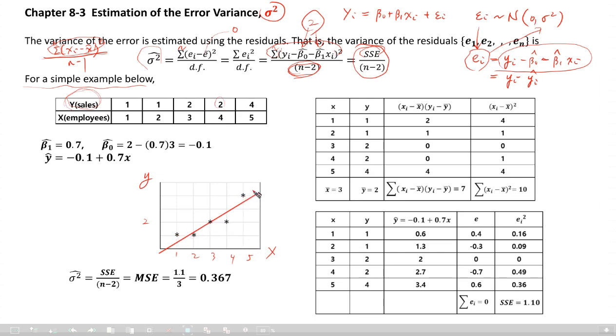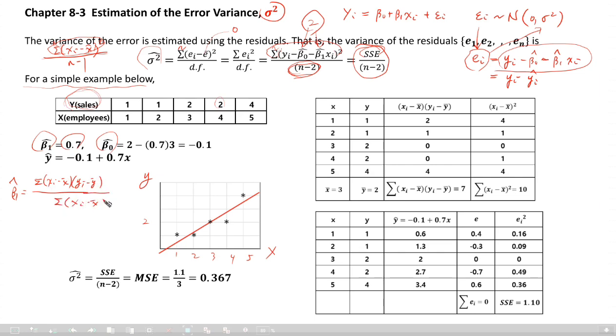These are paired data, right? And we want to get the estimated linear line here. So beta 1 hat is 0.7. Beta 0 hat is y bar minus beta 1 hat x bar. Beta 1 hat is, actually, you don't have to memorize this one, but if possible, you may memorize it because it is very simple.